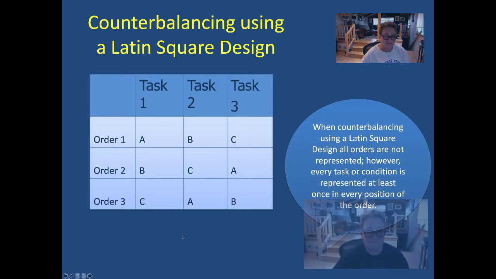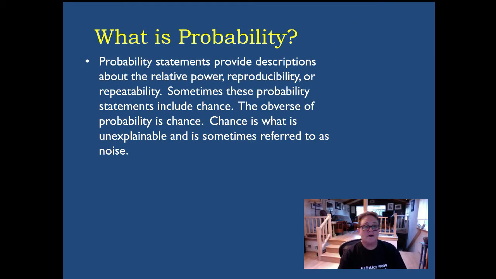So for our last 2 slides today, we're going to talk about and introduce the concept of probability with regard to how it's used in statistics. Probability statements provide descriptions about the relative power. Power means the reproducibility or the repeatability of something.